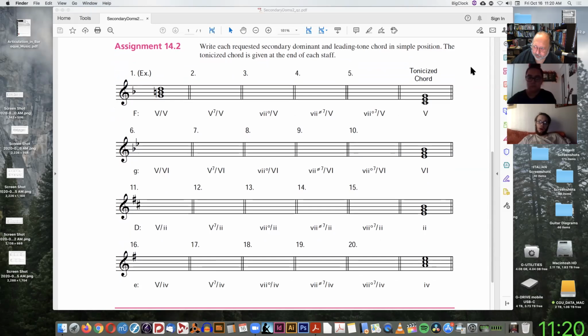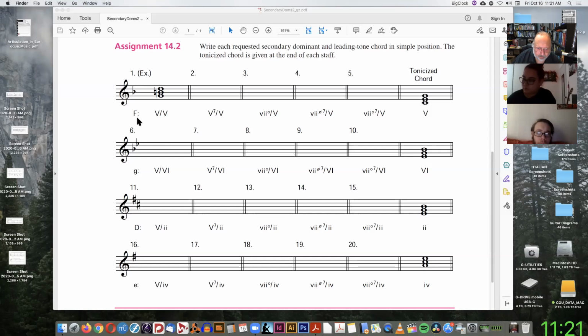So we're in the key of F, right? Okay. So F is our scale, right? So the 5 of 5 in F. So that's an example.